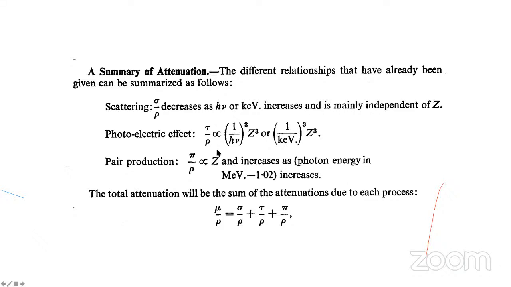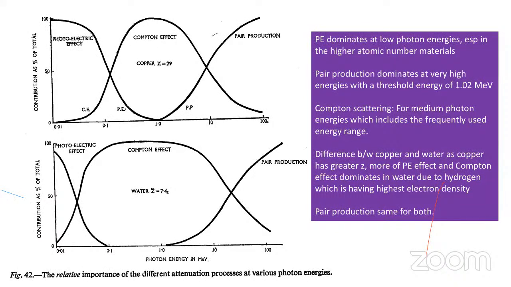And pair production increases with increasing photon energy after the threshold energy of 1.02 MeV, which is basically E equal to mc square of the mass of an electron and a positron. I'm talking positron, not proton. So the total attenuation will be a combination of all these three things. If you show it for different materials, on top is copper, and then this is water.